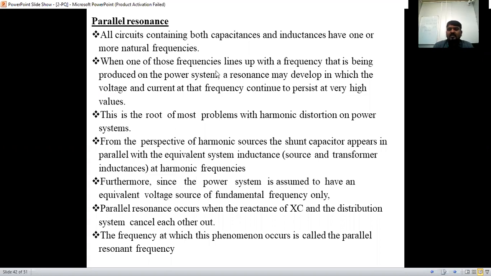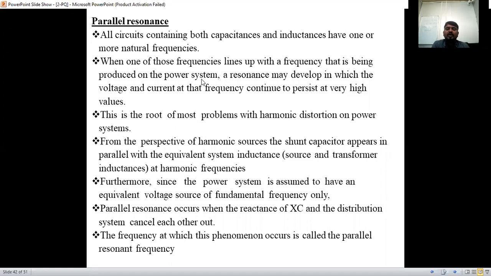Listen now. When one of these frequencies lines up with the frequency that is being produced on the power system, whatever the frequency in the power system is, both line up. On that condition, the resonance may develop. So in the parallel circuit, when one natural frequency lines up with the system frequency, the resonance will develop. That resonance we call parallel resonance. What is it going to develop?